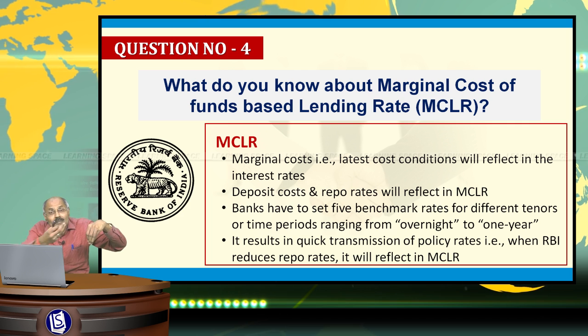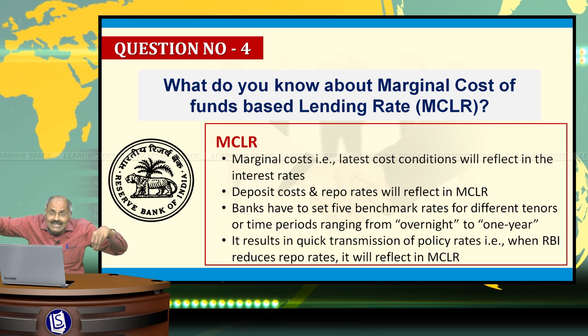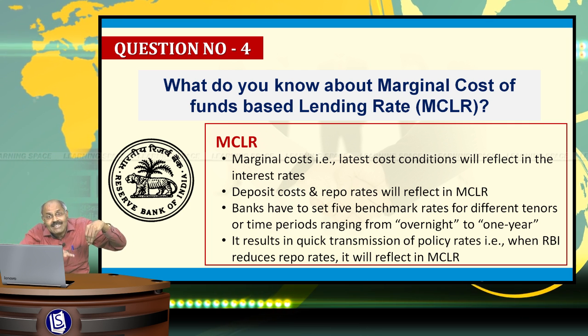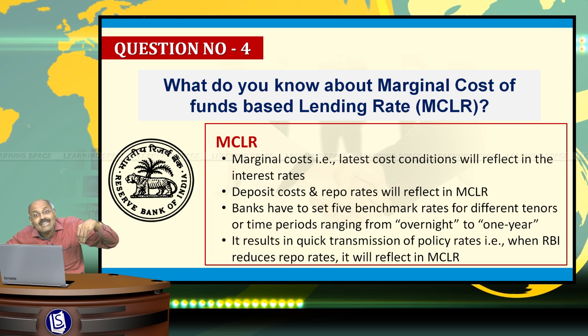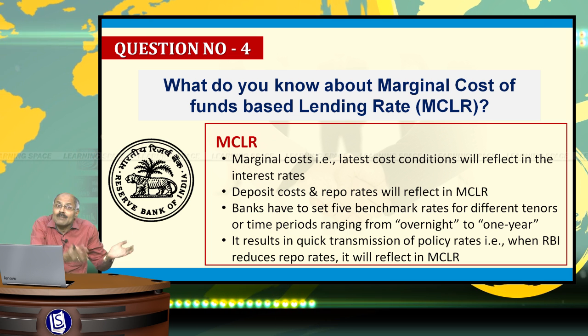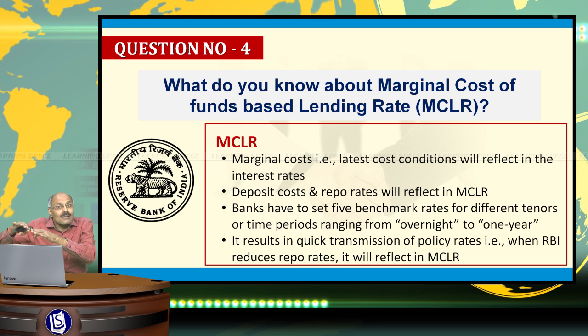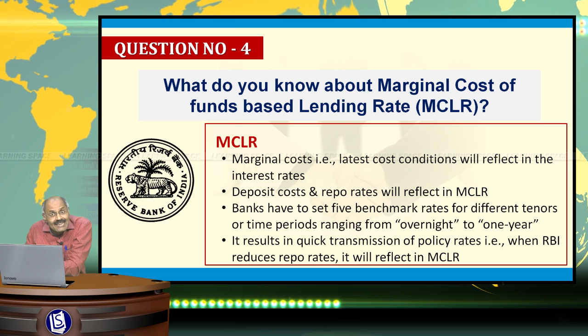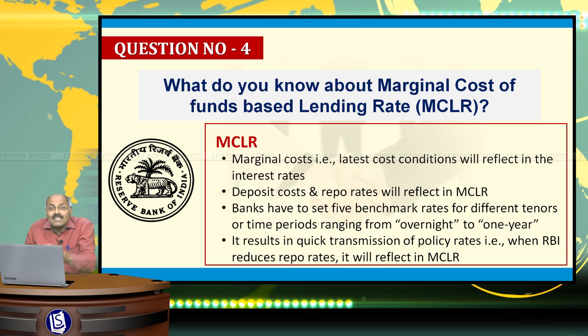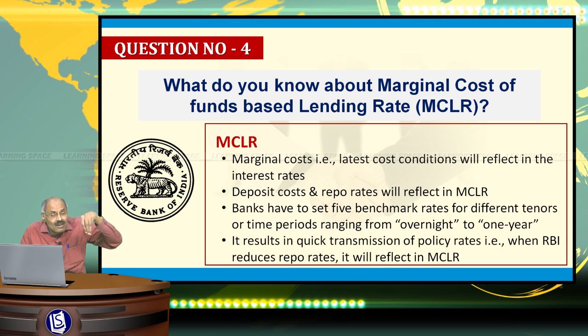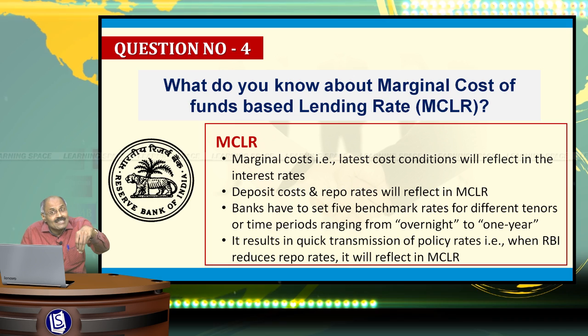In marginal cost of funds based lending rate, there will be different interest rates for different periods. So, just like deposits, in future, lending rates for different tenors will be there. That is the main feature of marginal cost of funds based lending rate.